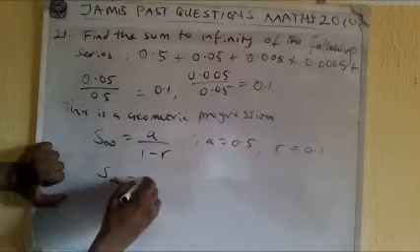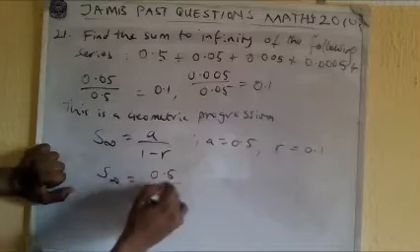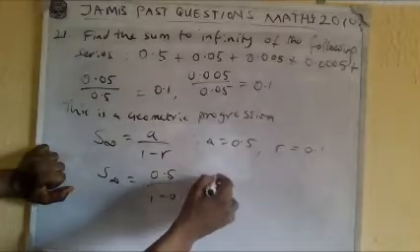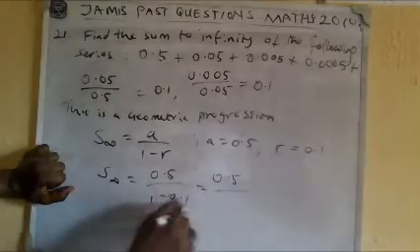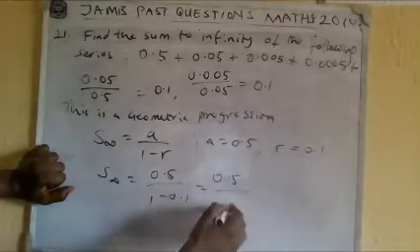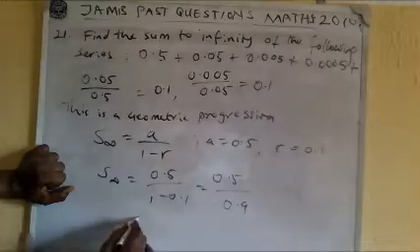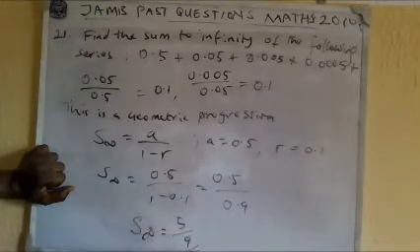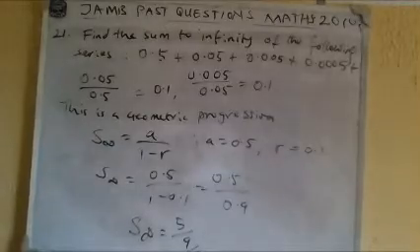Sum to infinity is equal to a, 0.5, over 1 minus r, 0.1. 1 minus 0.1 is 0.9. So sum to infinity is equal to 5 over 9. That's one of the options that we have there. Okay, so that's question 21.